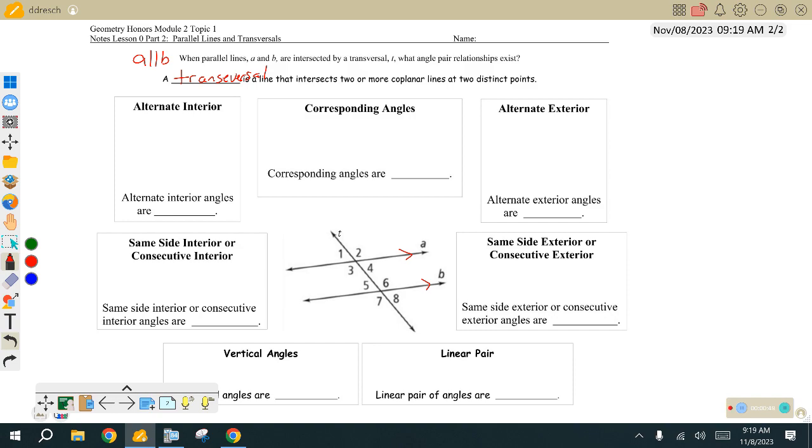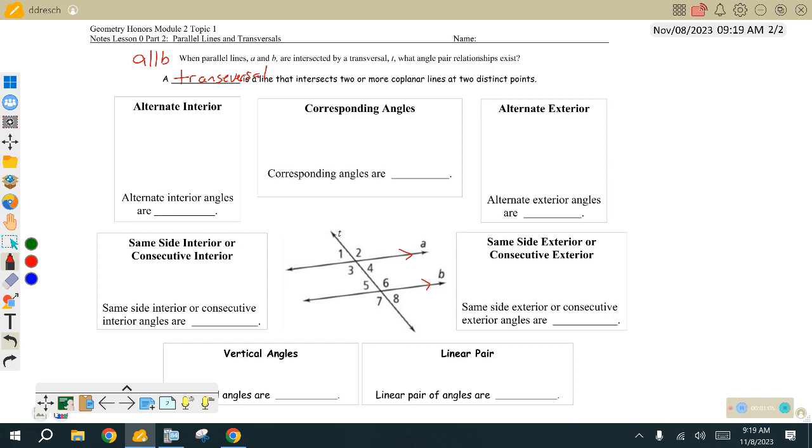So that line T, as it comes in here, is intersecting lines A and B, and therefore line T is called our transversal.